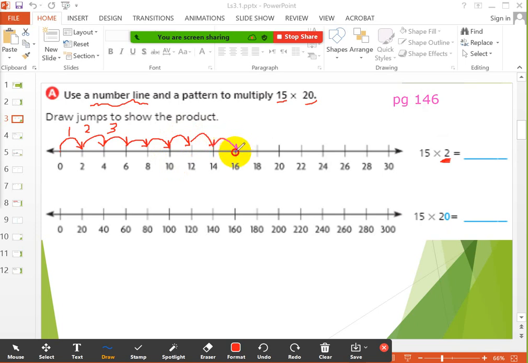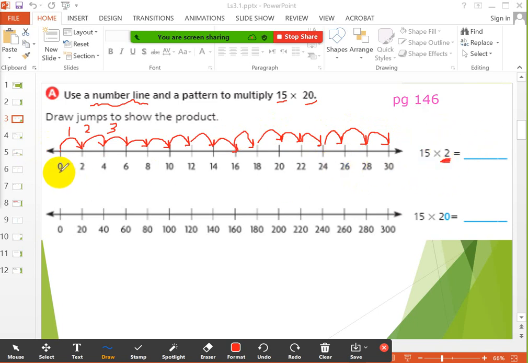Number 8, number 9, 10, 11, 12, 13, 14, now 15. So I made 15 jumps on the number line, and each one will be 2.